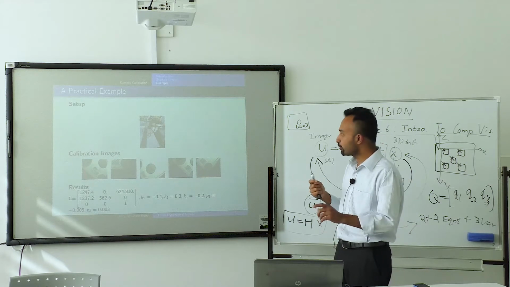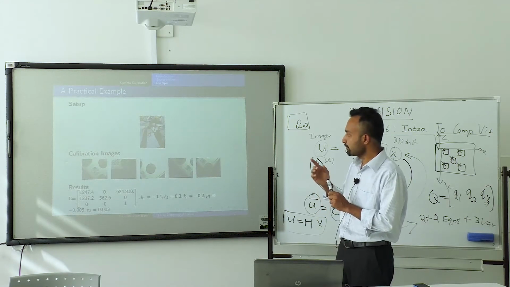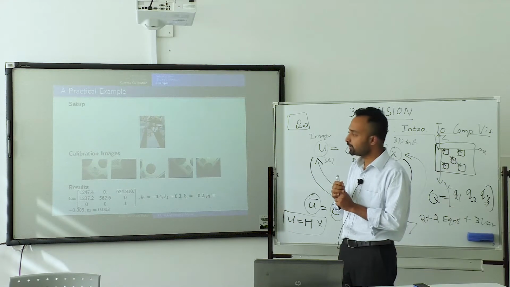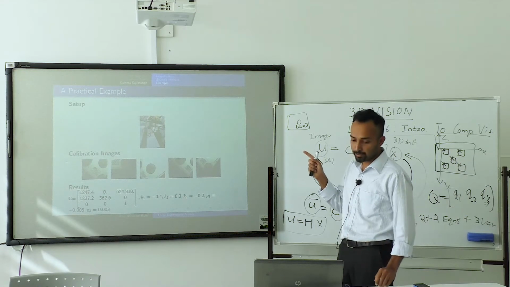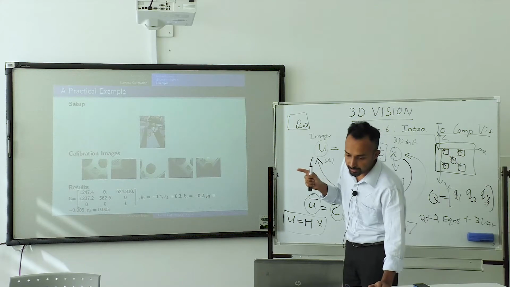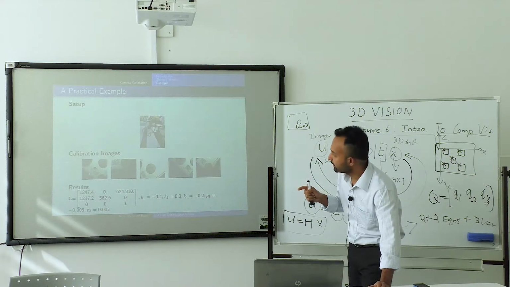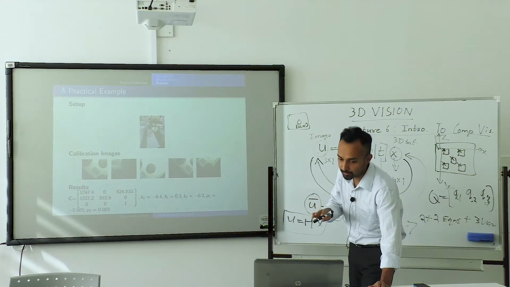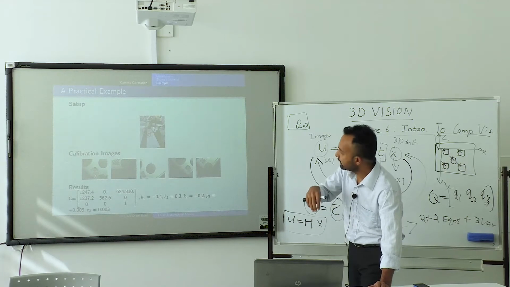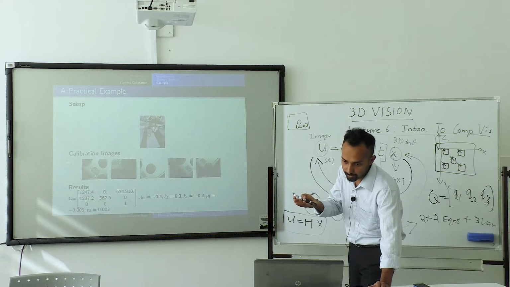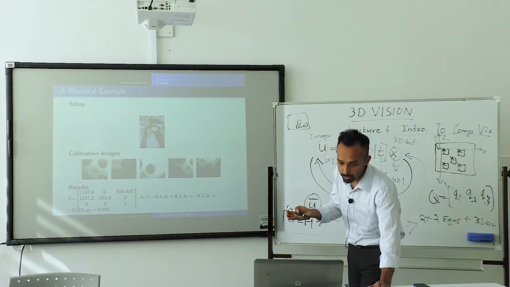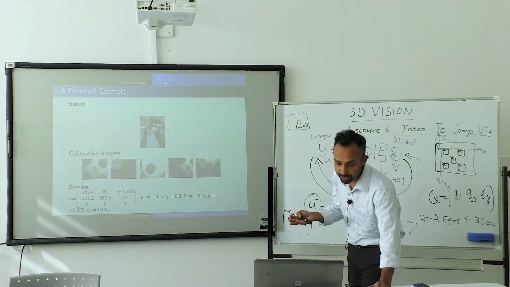So what you do first is you capture multiple images from the camera using a calibration grid which is kept on the flat surface. So you vary the orientation of the camera and the position of the camera, so that this is the first image, this is the second image which has been obtained like this, third image, fourth image, fifth image.